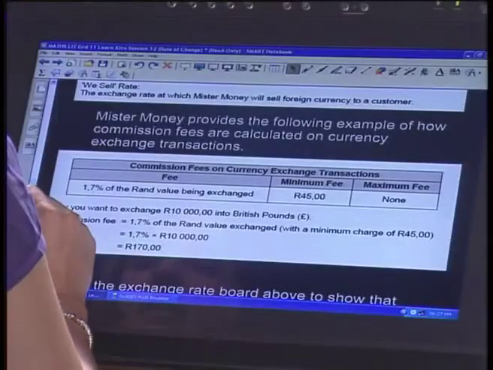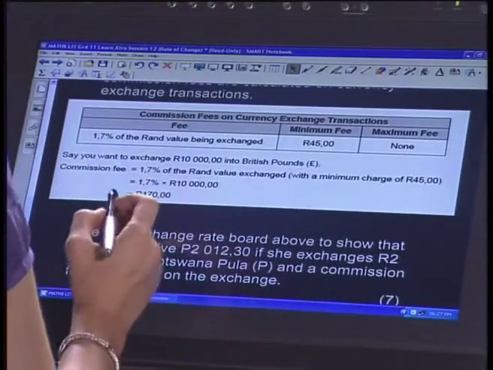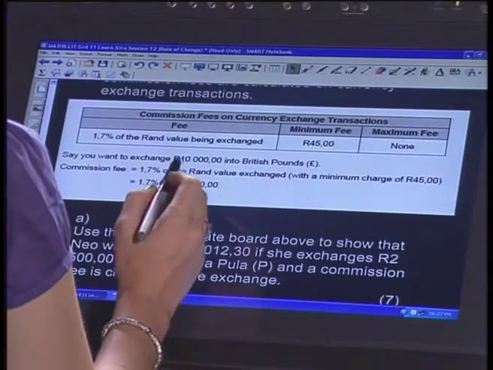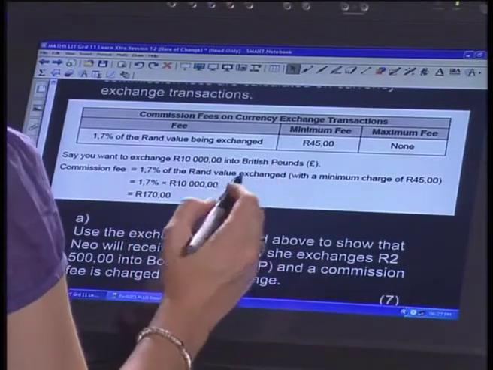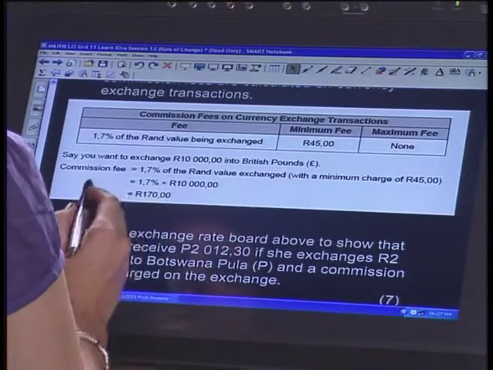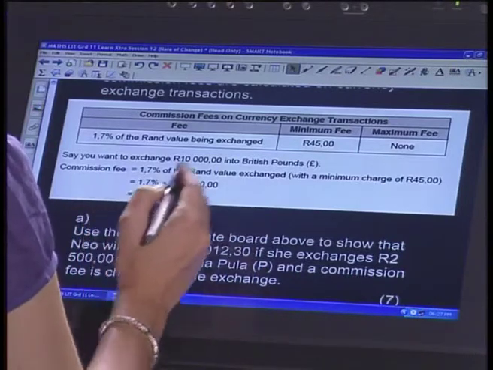You will always be having to pay 1.7% of your money in commission. And they give us an example here. It says, say you would like to exchange 10,000 rand into British pounds. The commission fee is 1.7%.